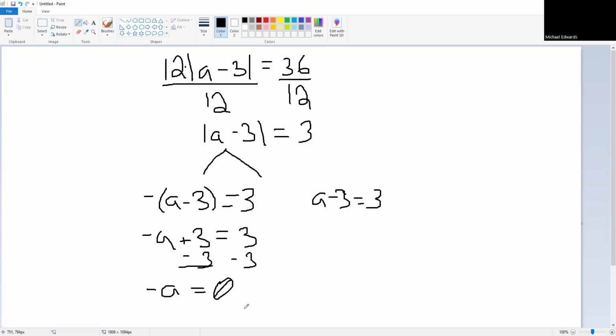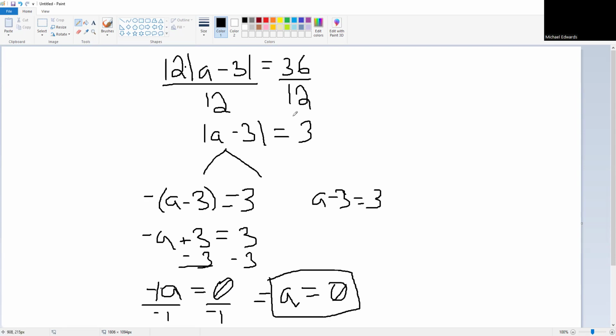Well, it seems to me that I don't have to say negative a equals 0. I could just move that negative over to this negative 1, right? So I divide by negative 1. 0 divided by negative 1 is nothing. So this is just a equals 0.